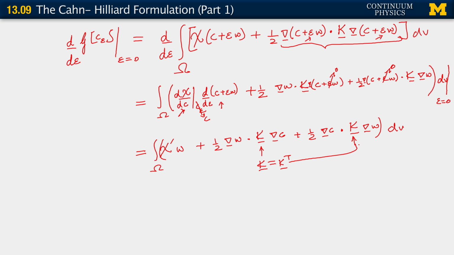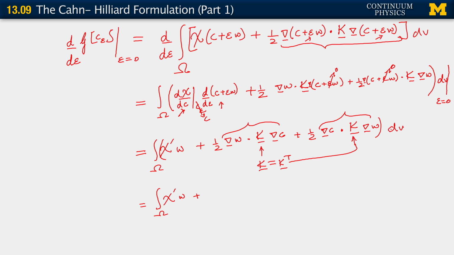As a result, because of the property of symmetric tensors, this reduces to the integral over omega of chi prime w plus, both these terms turn out to be the same if k is symmetric.